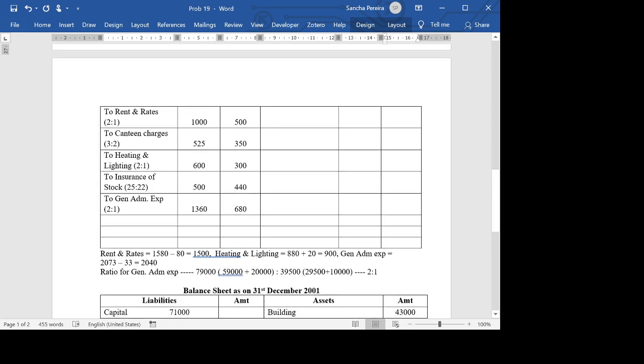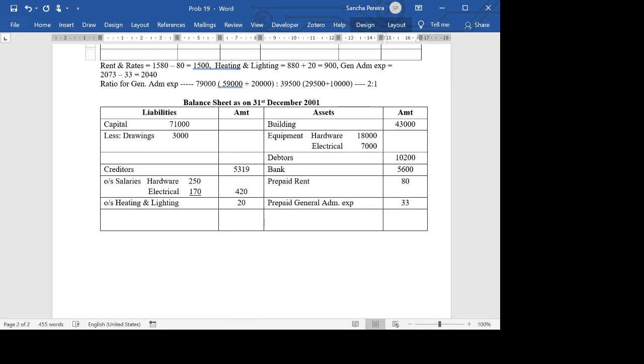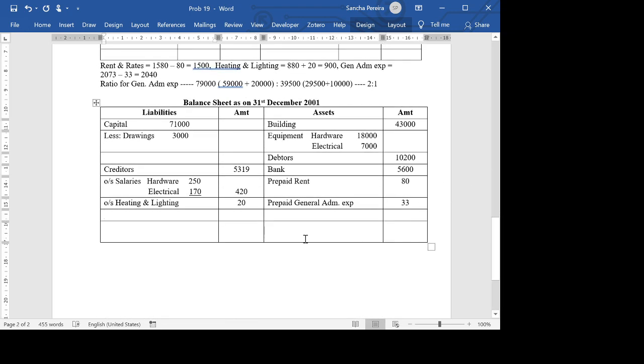Similarly, closing stock also has to be shown in the balance sheet. Closing stock, hardware and electrical.